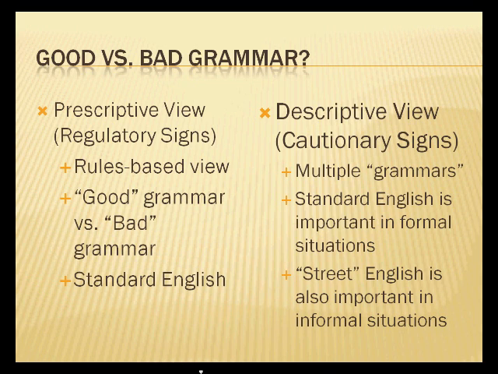So, for example, standard English is still something important to learn, but it's something we would use largely in formal situations. Whereas a more street version of English would be important, but mostly in informal situations, and would not be viewed necessarily as a bad grammatical structure, only as appropriate for these kinds of situations.